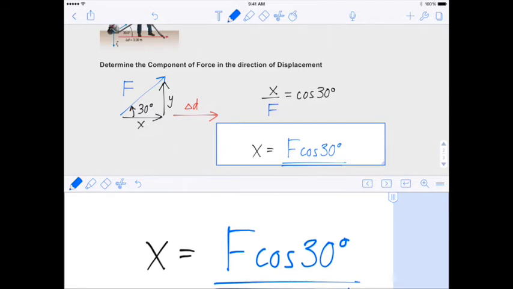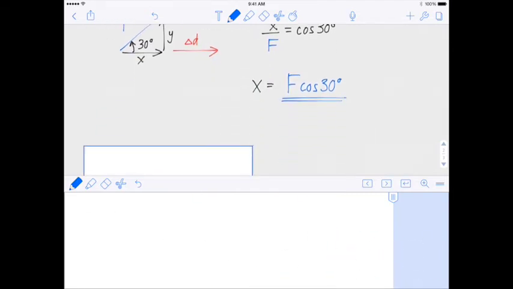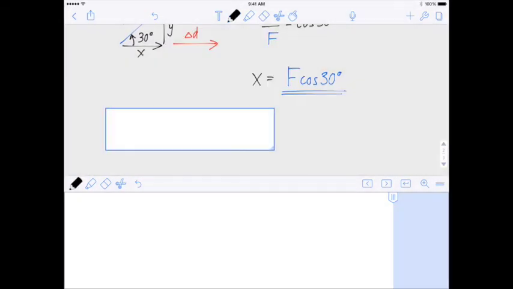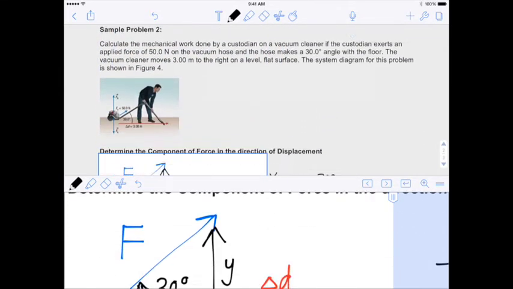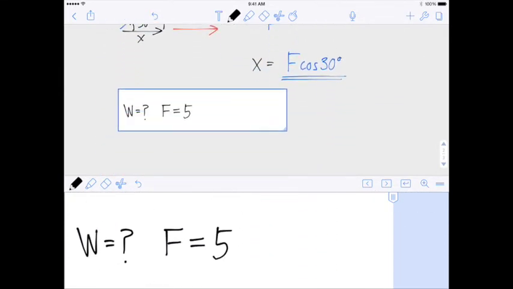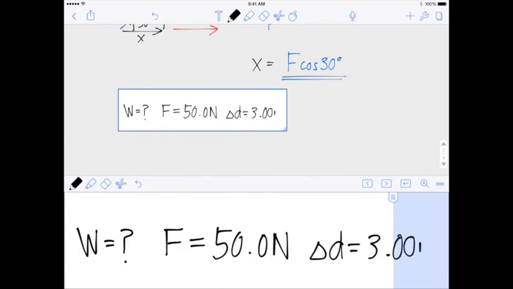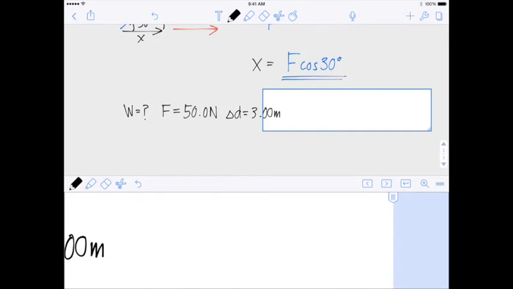So this example, we can solve it. We want to find the work done when we apply a force of 50 newtons as we cover a distance of 3.00 meters when theta is 30 degrees.